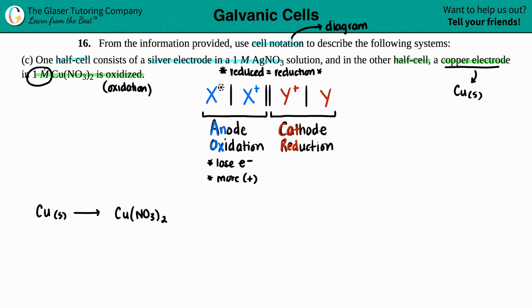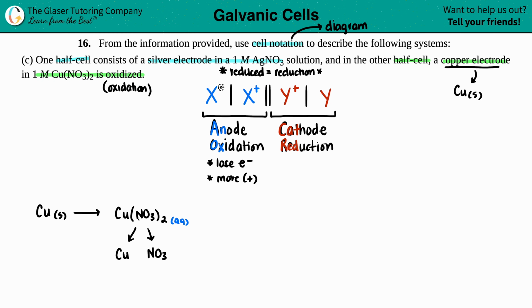I know that it's a solution because they gave me a molarity, and remember that all nitrates are always soluble. They're always aqueous. And once I see that this is aqueous, it is going to break down into its 2 ions. The 2 ions are going to be copper and the nitrate, NO3.